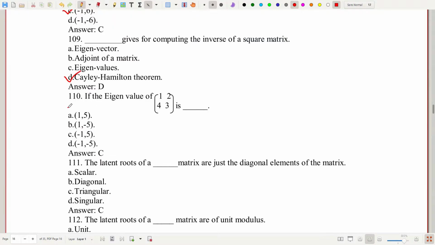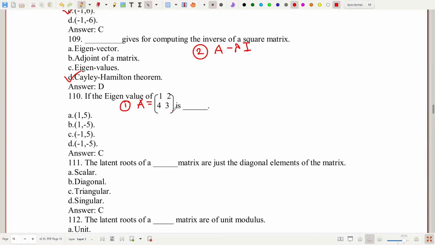Question number 110. If the eigenvalue of 1, 2, 4, 3, that means we have to find the eigenvalue of 1, 2, 4, 3. The steps involved in finding the eigenvalue: the first step is we consider the matrix as capital A. The second step is A minus lambda I, where I is the identity matrix.